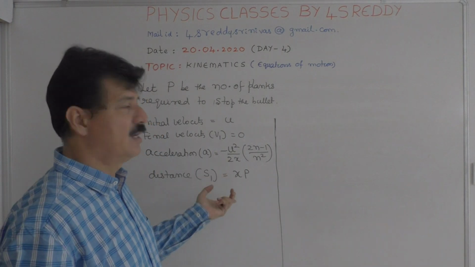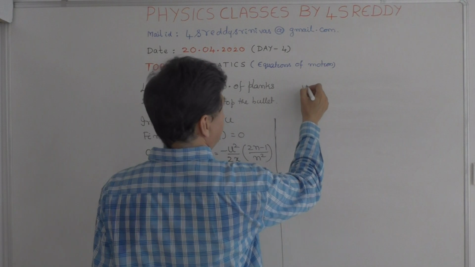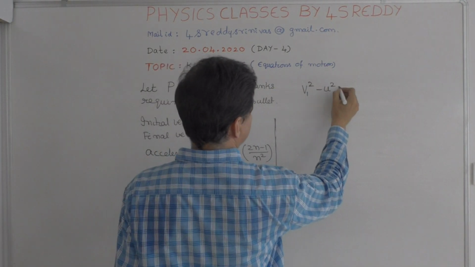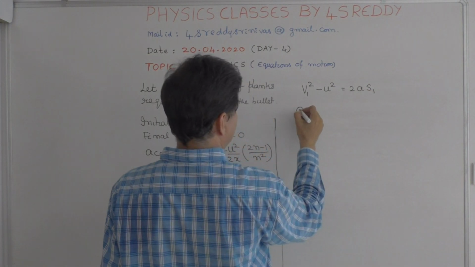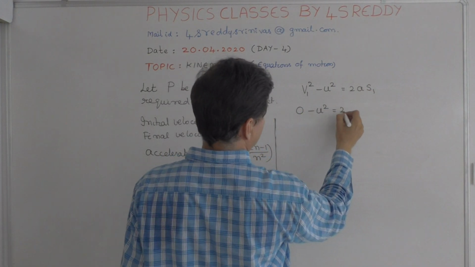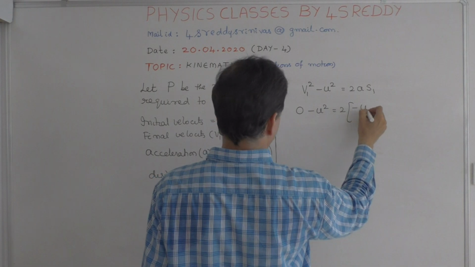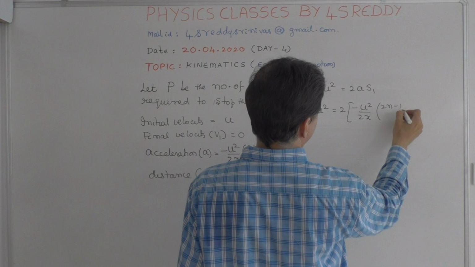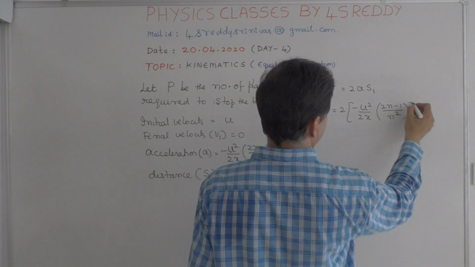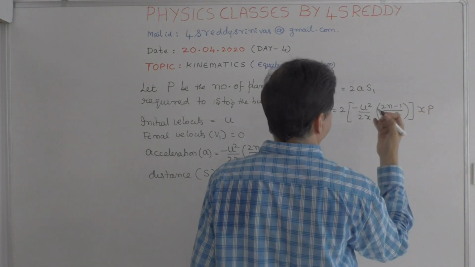equation of motion, v square minus u square is 2as. Therefore, we can write v1 square minus u square is 2a s1. That is 0 minus u square is 2 into minus u square by 2x into (2n minus 1) by n square into x into p.